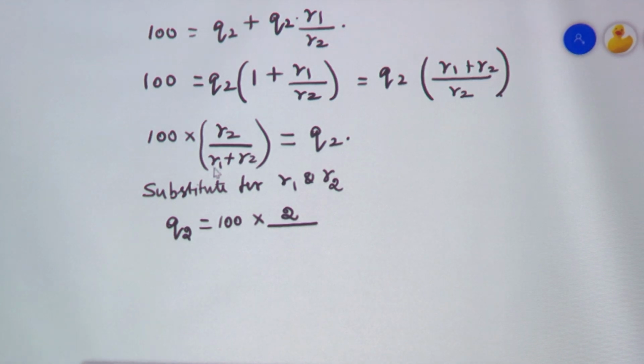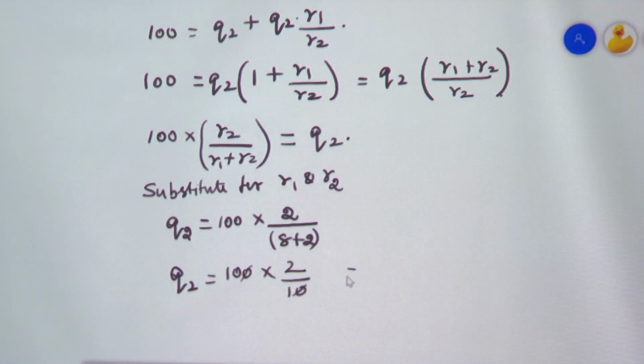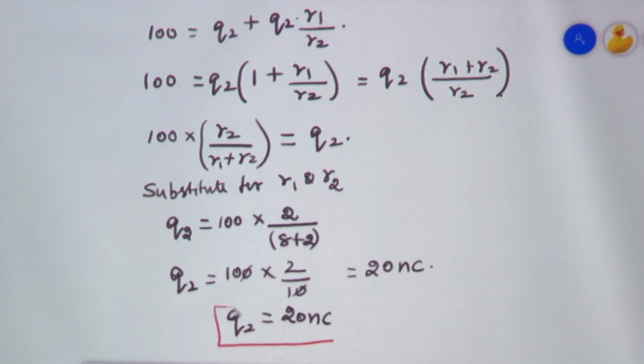Here R1 is 8 centimeters. So 8 plus 2. So what is the value of Q2 then? Q2 equal to 100 into 2 divided by 10. On cancelling, you will get 20 nanocoulomb. So we have calculated the value of Q2, and Q2 is equal to 20 nanocoulomb.